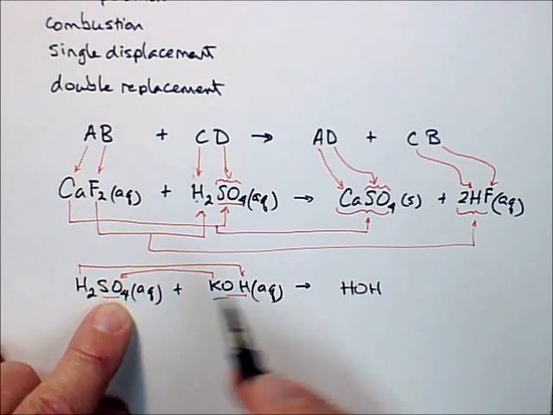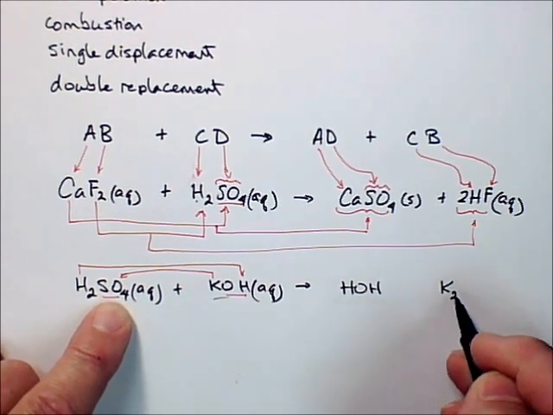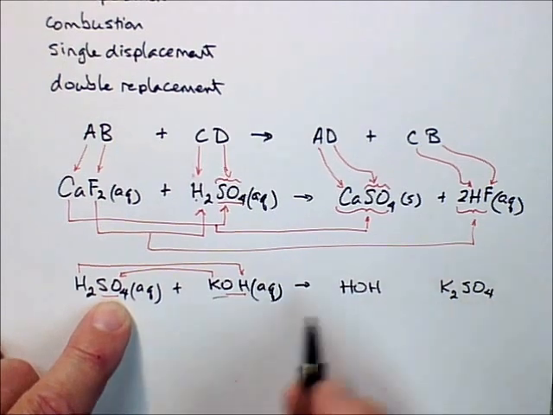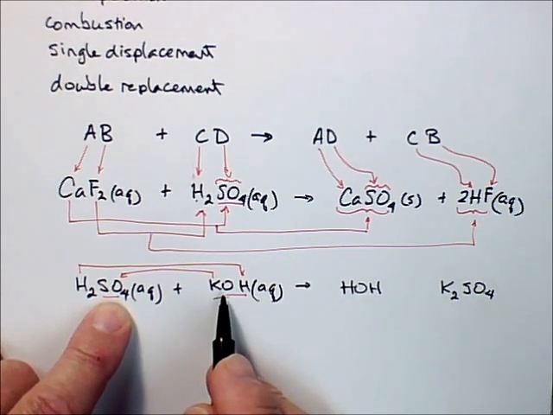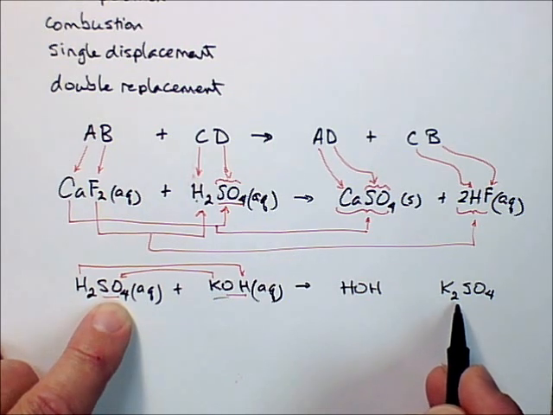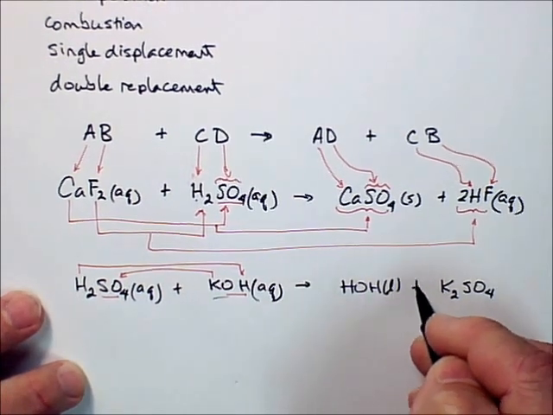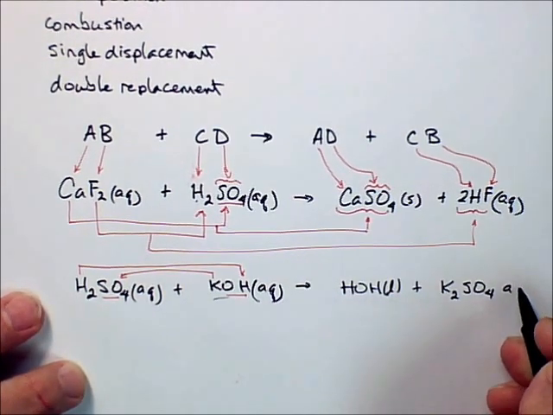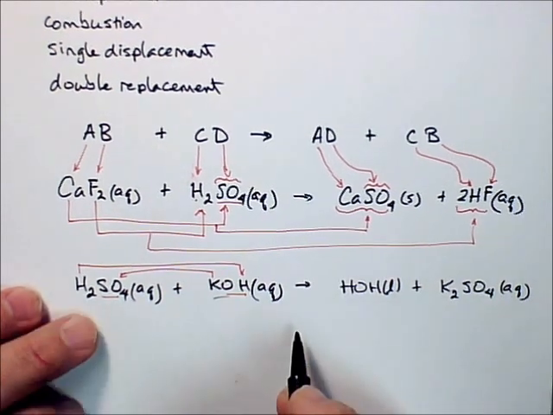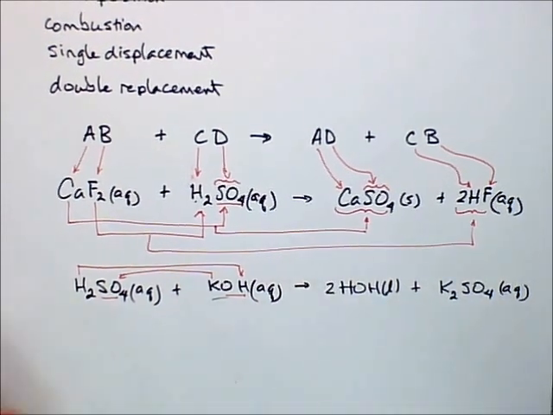This is going to go with that part. Notice there was no 2 subscript on this potassium. We had to balance the formula on the other side. That's where that 2 came from. I balanced the formula. This comes out to be liquid. This comes out to be aqueous. And to balance the whole equation, we'll need 2 of those.